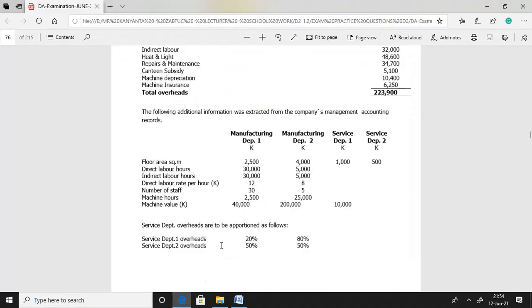Back to the question. The next cost item after canteen is machine depreciation. For the basis of apportionment for machine depreciation, you can use machine value, because depreciation is based on machine values. So machine value, we have 40,000, 200,000, 10,000. The total here is going to be 250,000.